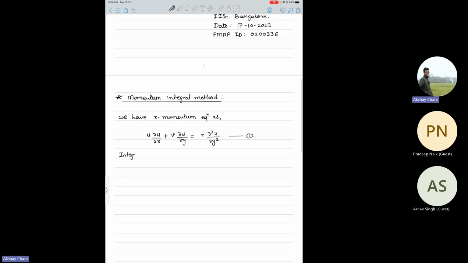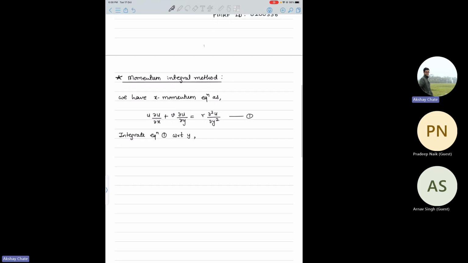So you integrate this equation with respect to y. If you do that, you get something like this, and the integration limit will be 0 to the boundary layer thickness for the first term, plus the second term, del u by del y dy, with the same limits, and for the RHS also it will be the same.